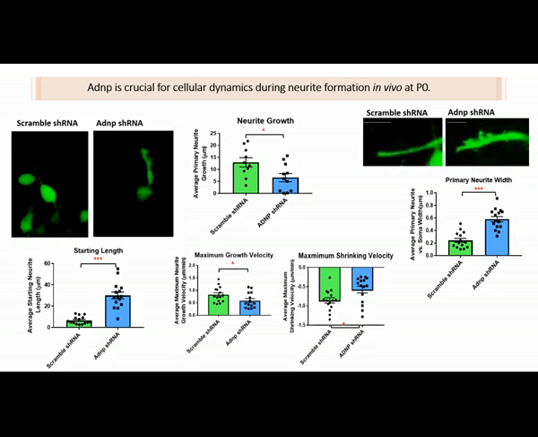We found two major defects in ADNP deficient neurons. First, ADNP deficient neurons are less active in terms of neurite dynamics. Second, ADNP knockdown neurons have thicker neurites. These are videos from about 24-hour recording.